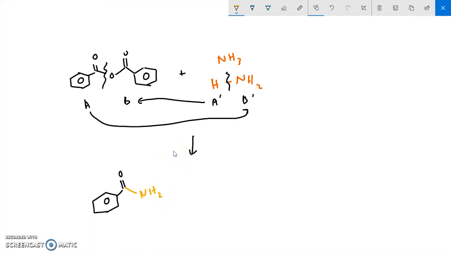The side product will be H, which is from the A prime, connected to the B side, which comprises the O, C double bond O, and then finally we have benzene attached to it. In this example, as you can see, we produce an amide here, which is benzamide, and of course this one is a carboxylic acid, which is benzoic acid.